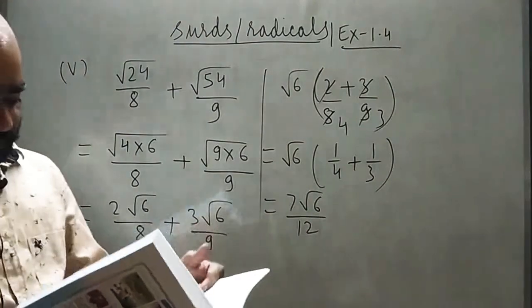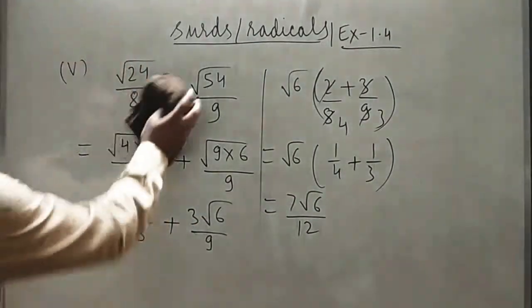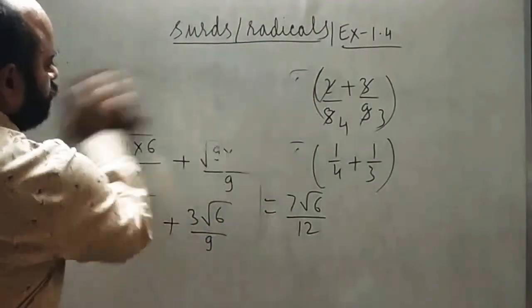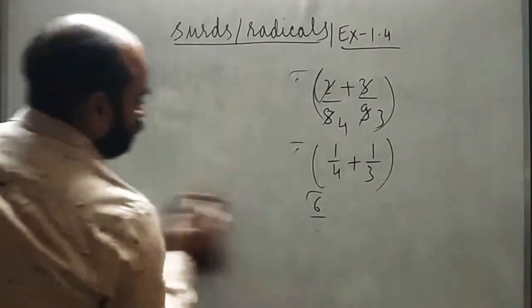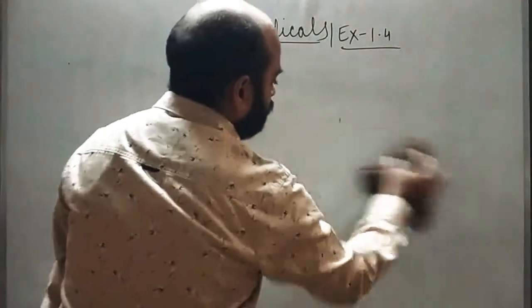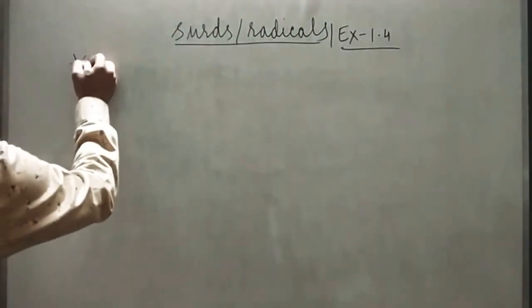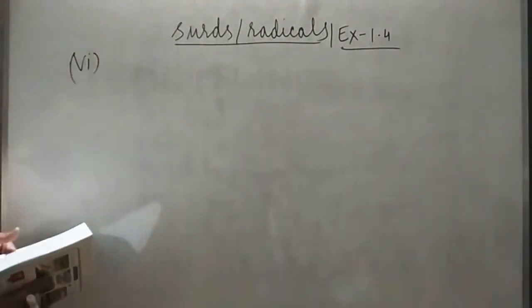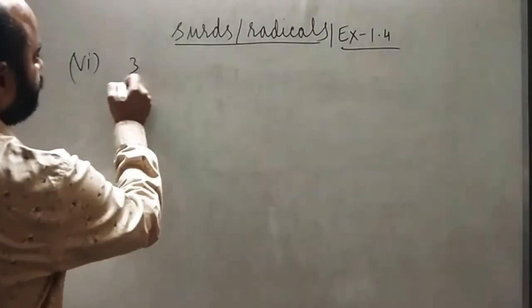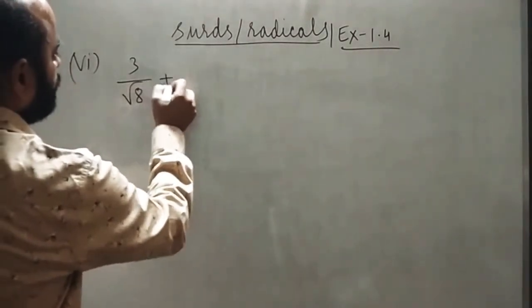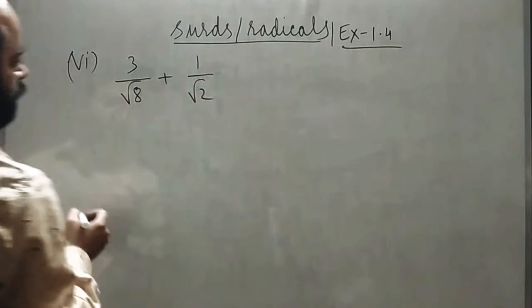Next one is sixth part. Sixth part is 3 by root 8 plus 1 by root 2. Clear?